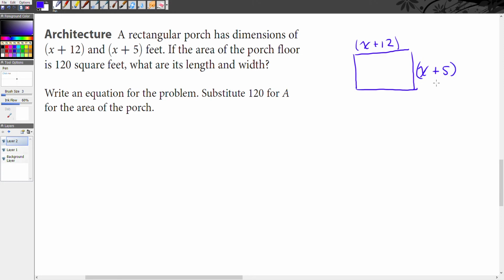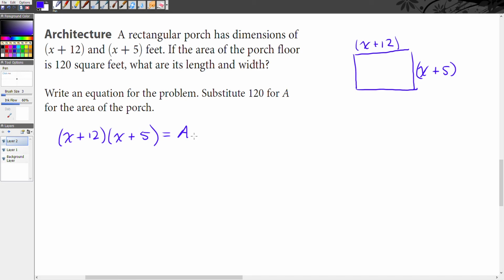And we know that area is length times width. So if we use that with A, we're going to say length x plus 12 times my width x plus 5, that equals A, the area of my porch.